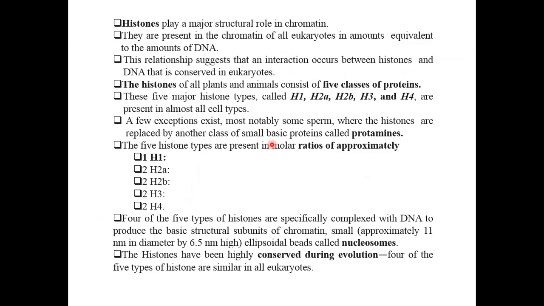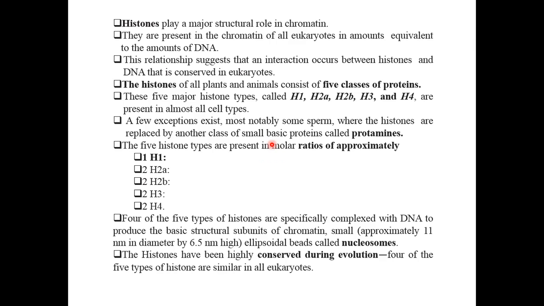Histones play a major role in the chromatin. They are present in the chromatin of all the eukaryotes in an amount equivalent to the amount of the DNA. This relationship suggests that an interaction occurs between the histones and the DNA that is conserved in the eukaryotes. The histones of all plants and animals consist of five classes of proteins: H1, H2A, H2B, H3, and H4.